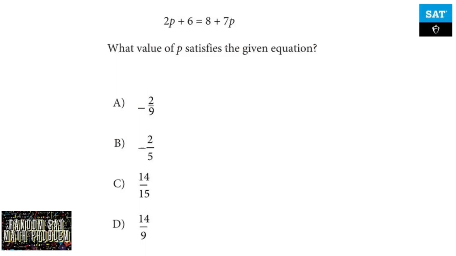What value of p satisfies the given equation? This is just a regular old equation with variables on both sides. So let me rewrite it out. Let's subtract 2p from both sides. If I have variables on both sides, I like getting rid of the smaller one because it makes the variable positive. Not that that matters. 6 equals 8 plus 5p.